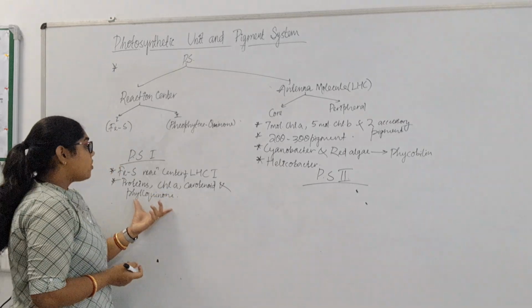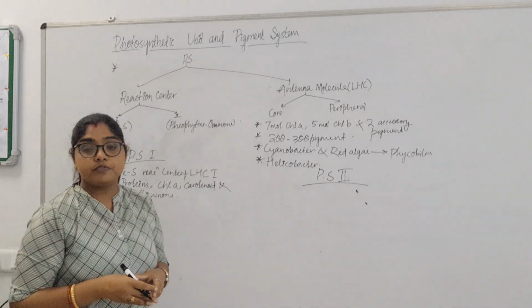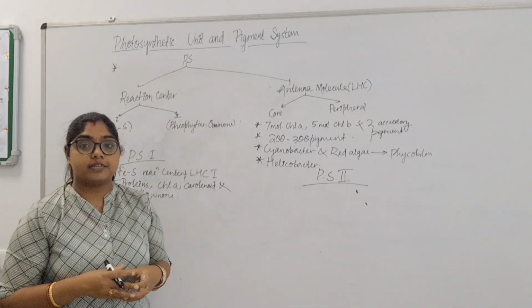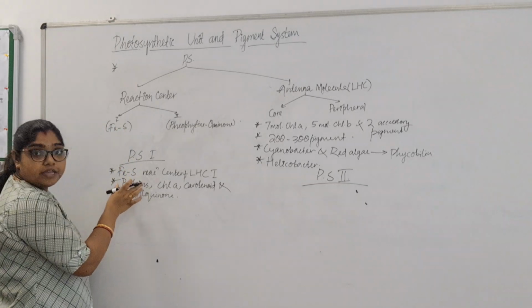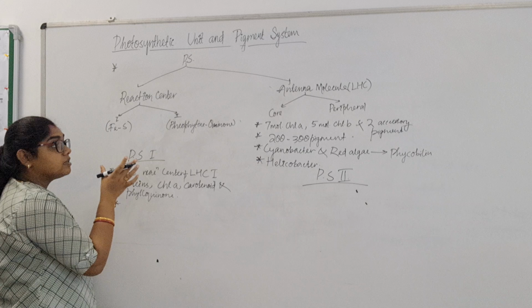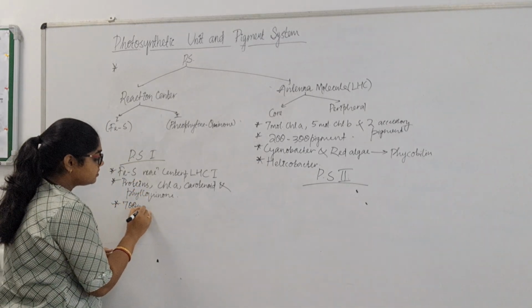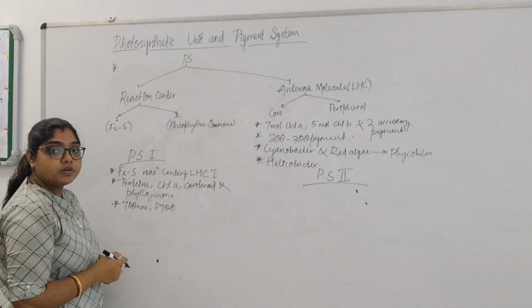The reaction center contains a special pair of chlorophyll a which can transduce the light energy to chemical energy. Here the reaction center chlorophyll a can absorb light of wavelength 700 nanometer. That's why it is known as P700.